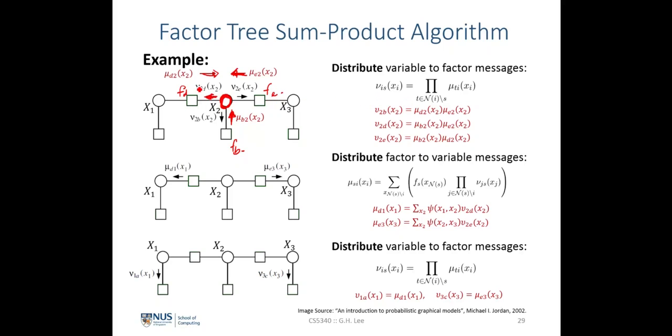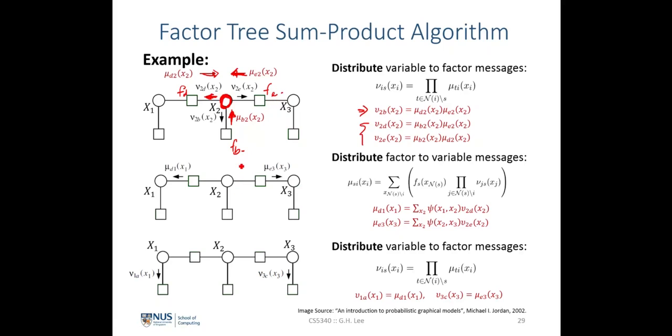In this case, the message v2b of x2 will simply be given by the multiplication of the two messages from fb and fe respectively into x2. So we can verify that this is also true for the other two messages that we pass from x2 to the other two factor nodes over here.